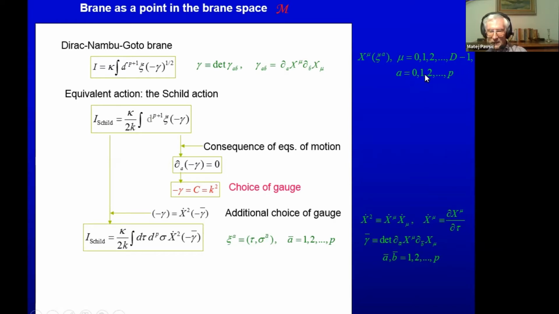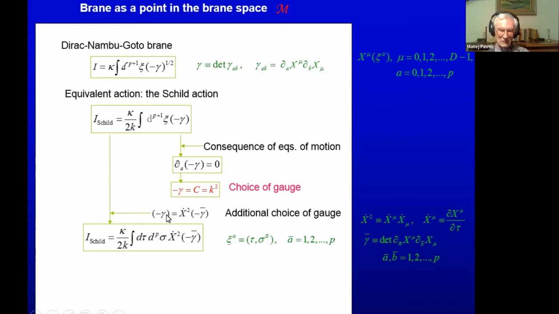So you have here an additional parameter in the time-like direction. And this x dot squared is the derivative of brane coordinates with respect to the time-like coordinate, tau. So x dot is this partial derivative with respect to tau.